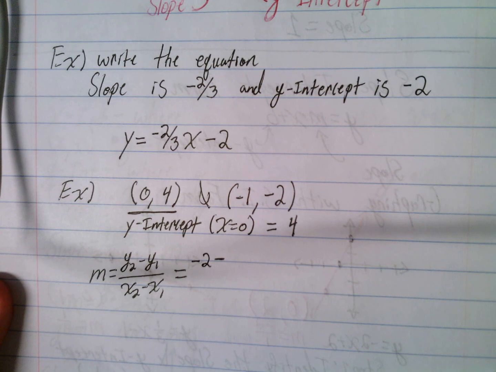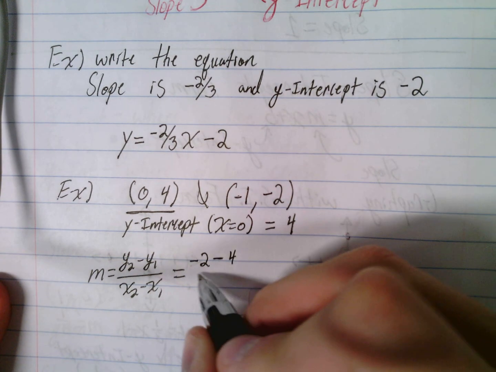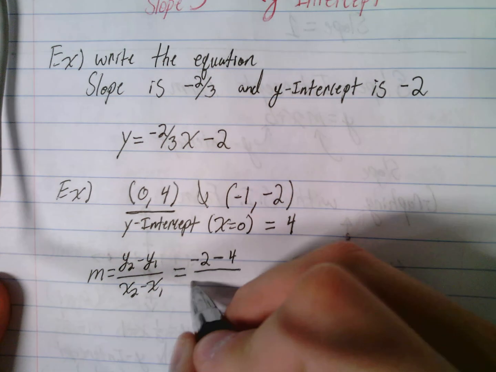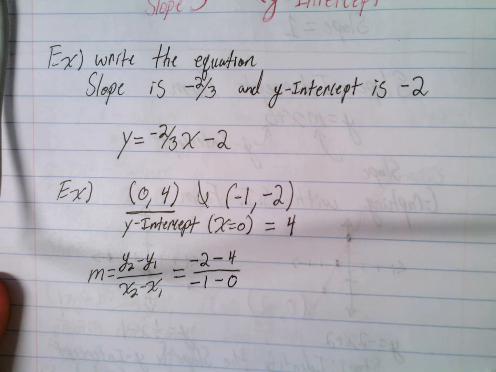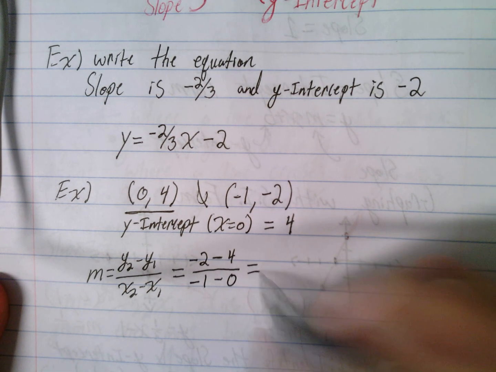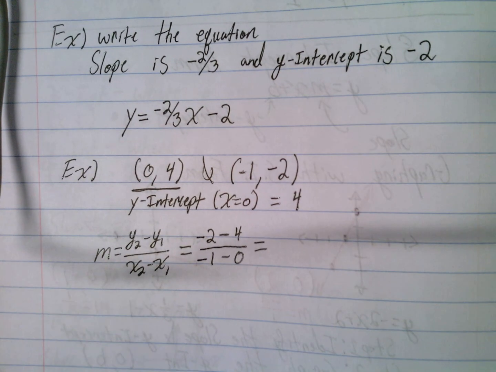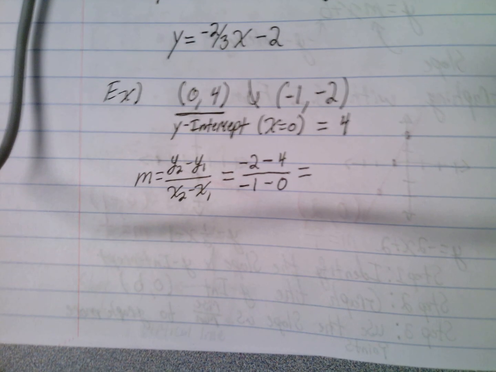It's -2 minus y1, which would be 4, over negative 1 minus 0. What is negative 2 minus 4? Yes, good. Negative 6.